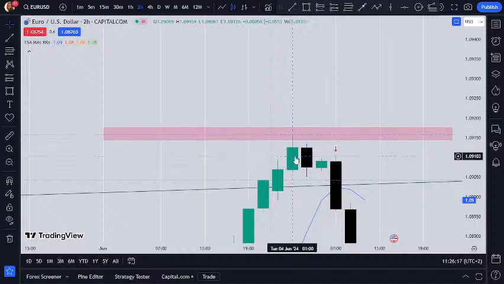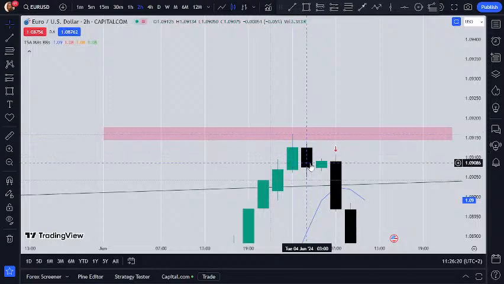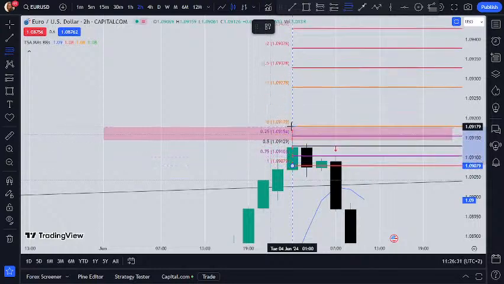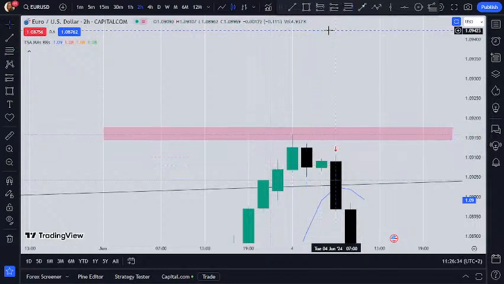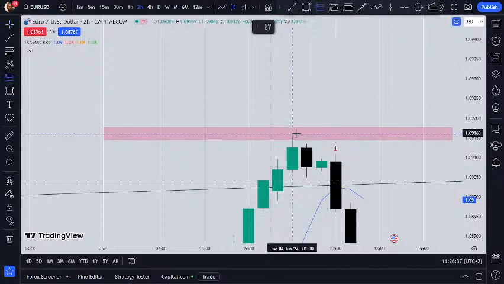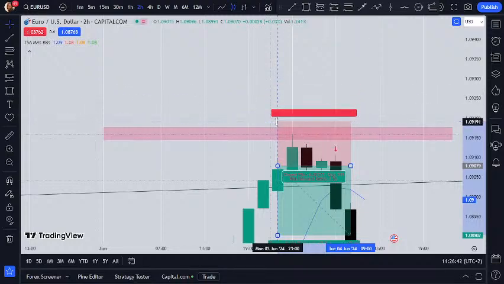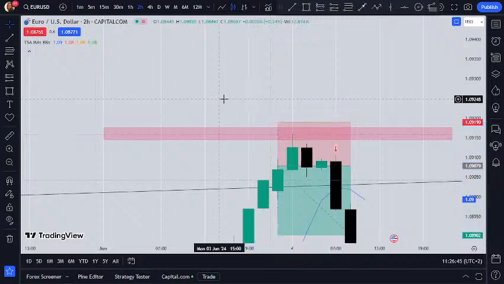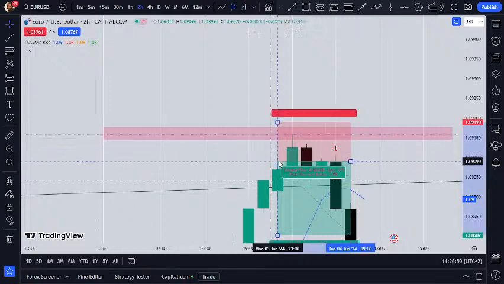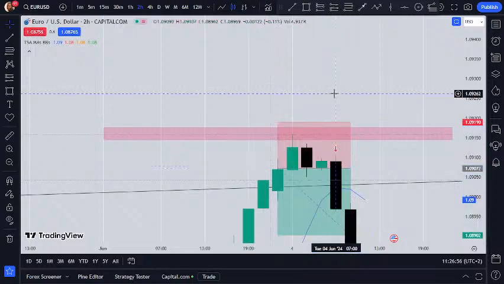So once it pokes in there and forms another block like that, we are looking to sell, and have your stop loss somewhere just above that area, like that. Depending on where, but somewhere like that.